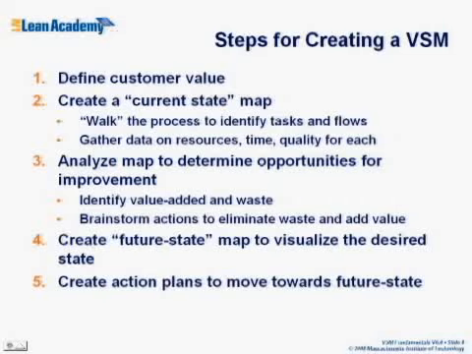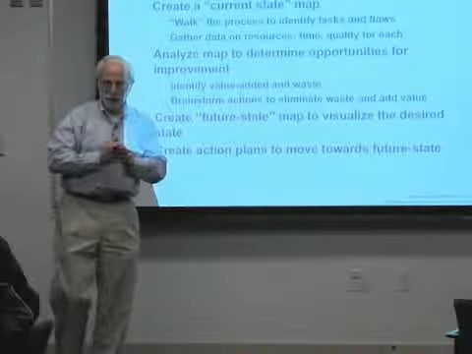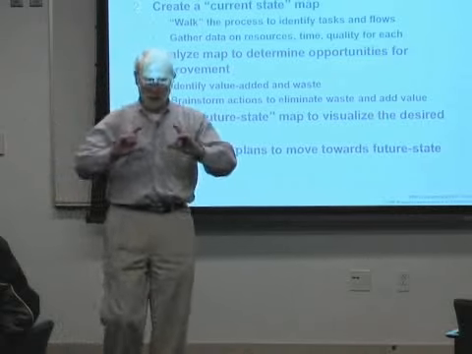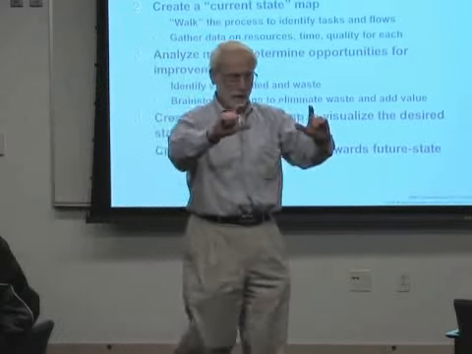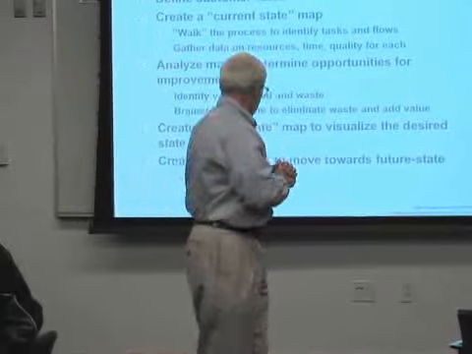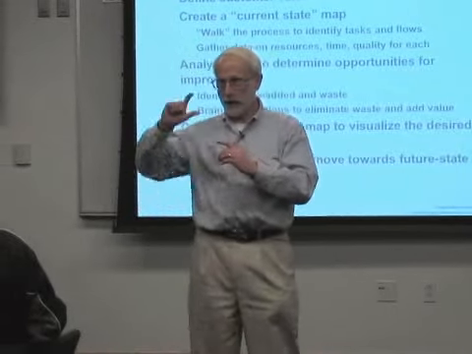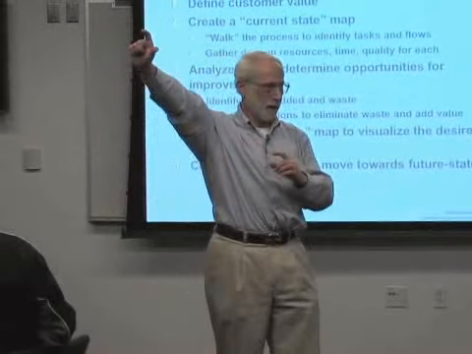Then you want to analyze that map and see where the value-added and waste activities are, and then brainstorm on how to eliminate the waste and add more value. And then once you have that, you create a future state map. You remap your process now where you think you can get to. And sometimes you might create what's called the ideal state, the best you can possibly think of.